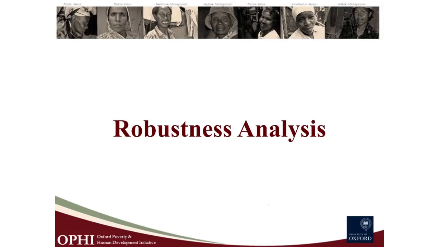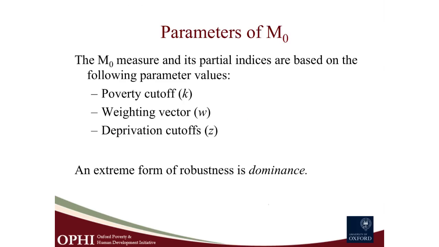So for robustness analysis, you will see there are three major parameters in the computation of M0, right? You need to select weights, you need to select deprivation cutoffs, you need to select the poverty cutoff. Do you all agree with me? Anything else you need to choose?